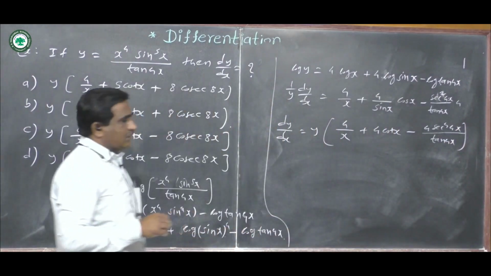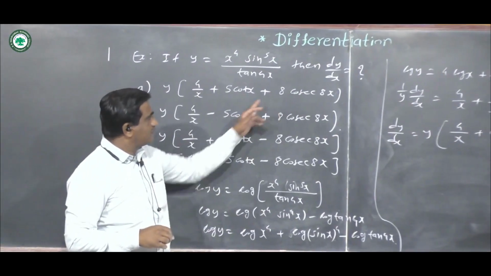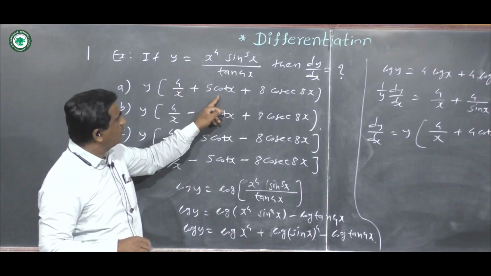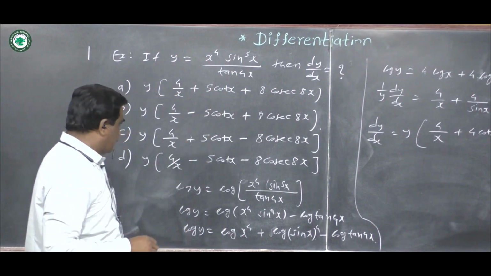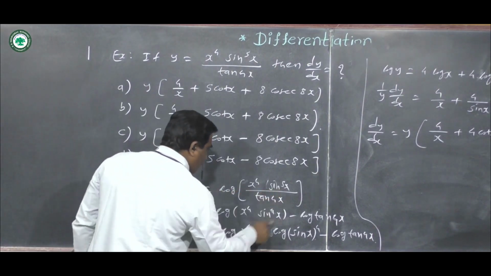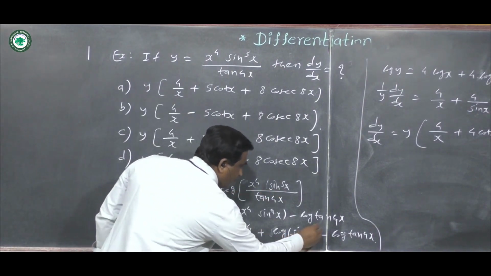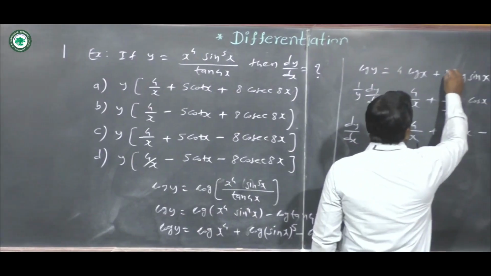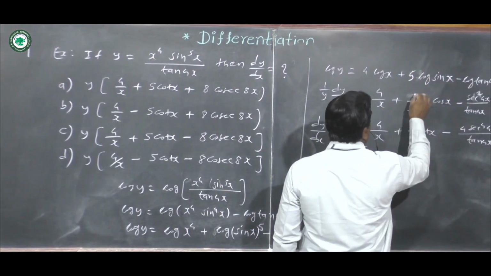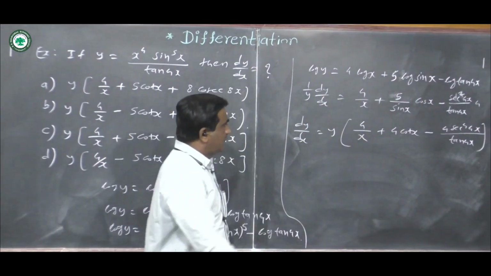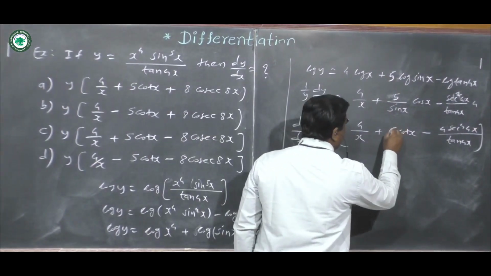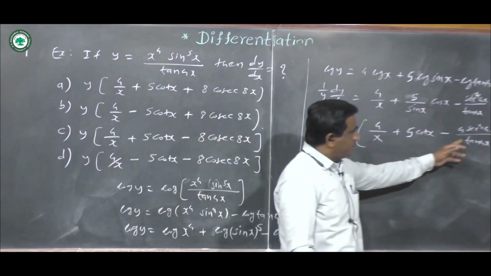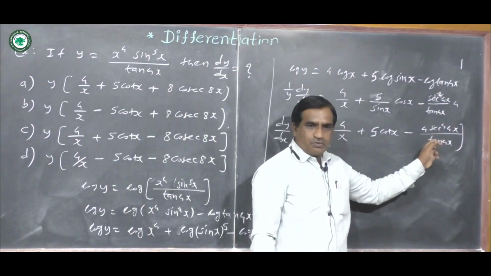Now in the options, the first two terms are the same, 4 upon x plus 5 into cot x. Now this third term is different, we have to solve this term.